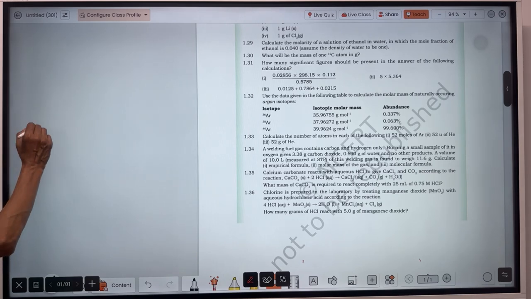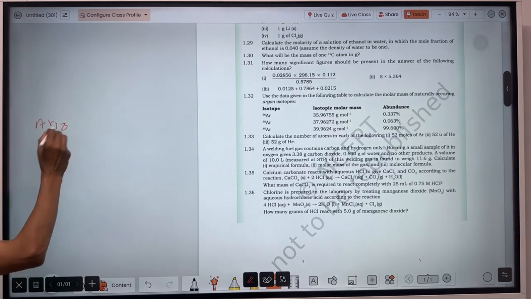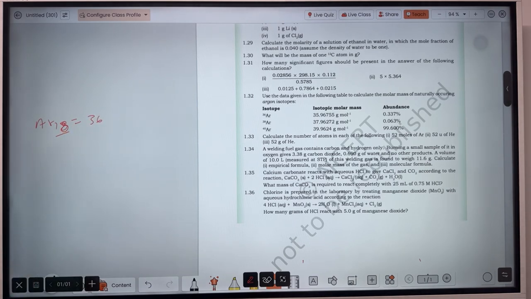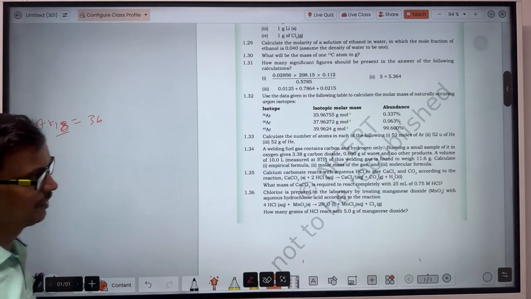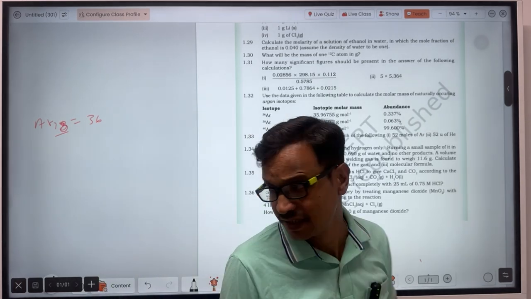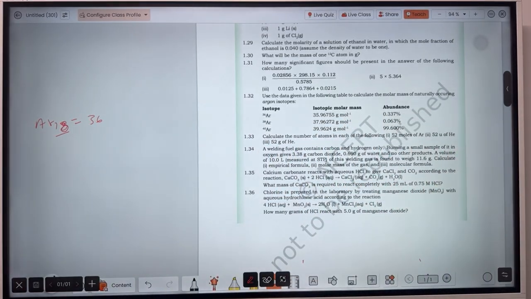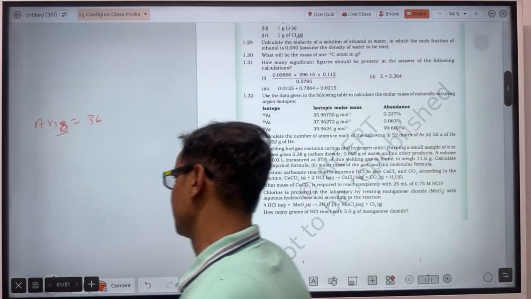Let's see here. What is the atomic weight of argon? The atomic number of argon is 18. 18 is an even number, so the atomic mass will be simply 18 into 2, that is 36. So the atomic weight of argon is 36, meaning when the number of moles of argon is 1, its weight will be 36.